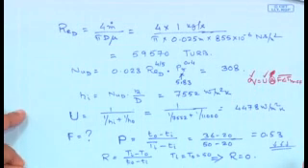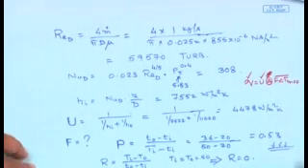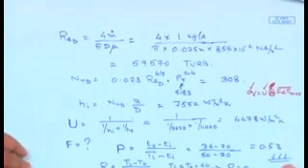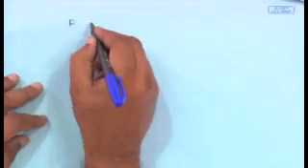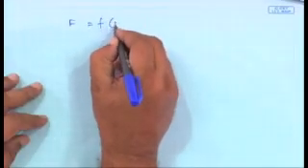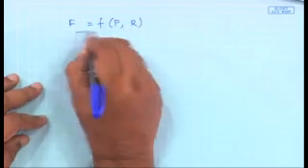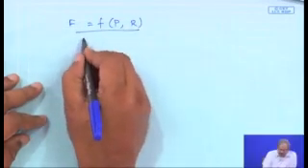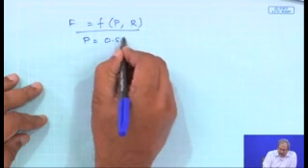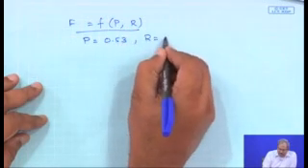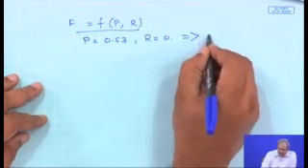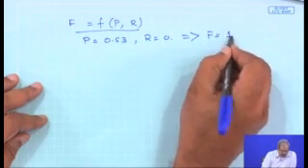Now, what you need to do is you have to see what is the corresponding value of F from the figure, where F is expressed as a function of P and R. From that figure, for a value of P equals 0.53, but for a value of R equal to 0, this would give your value of F to be equal to 1.